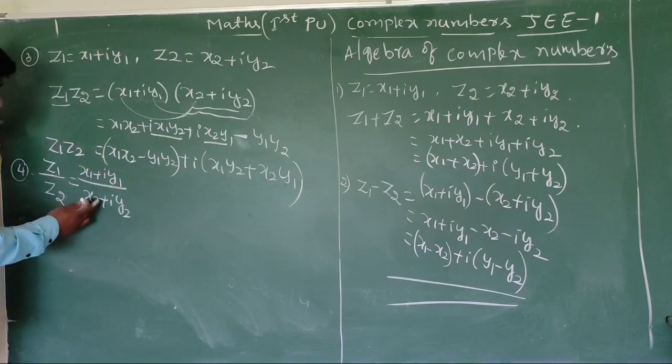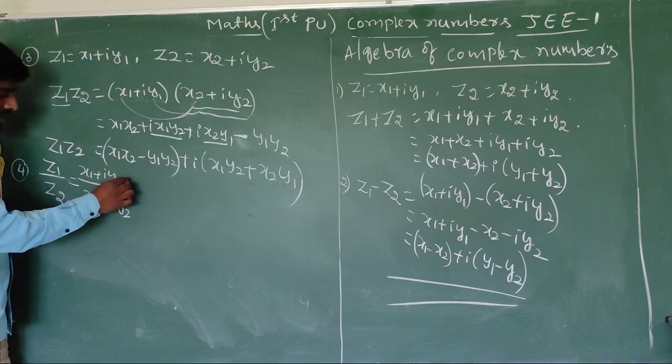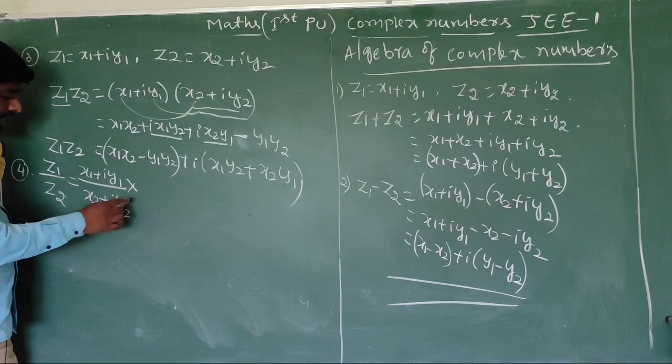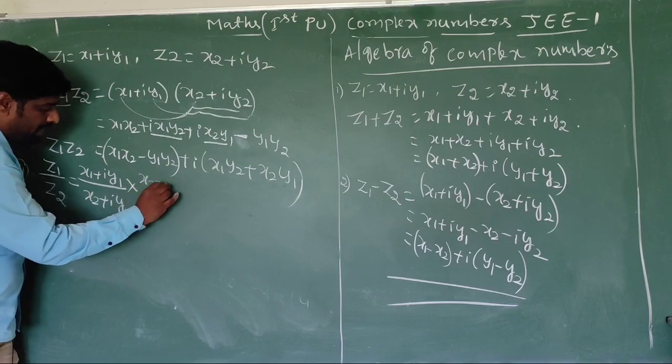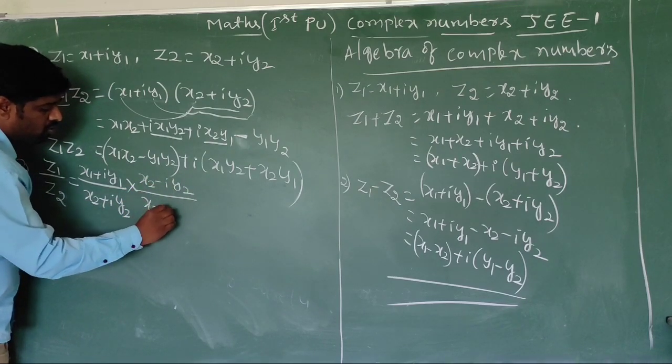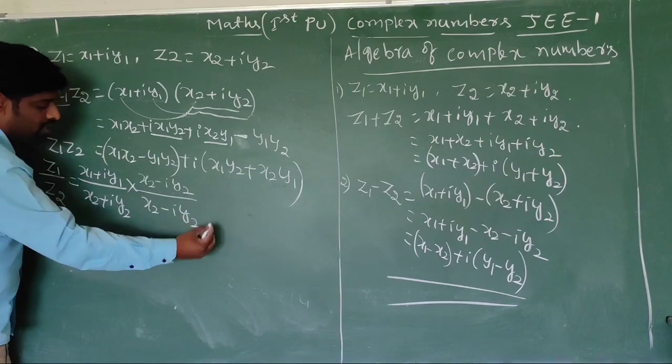Okay, so now we have to rationalize the denominator. Suppose this form is there, you have to rationalize the denominator: multiply by x2 minus iy2 divided by x2 minus iy2.